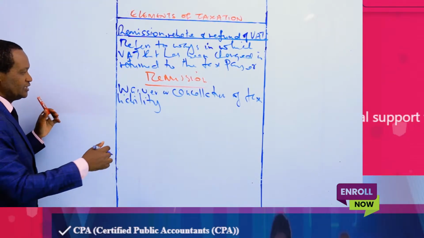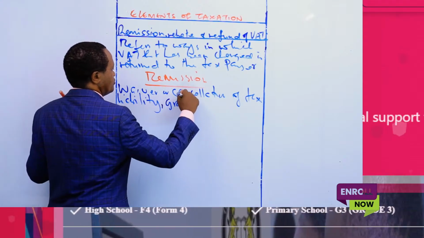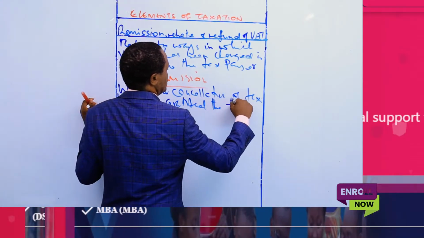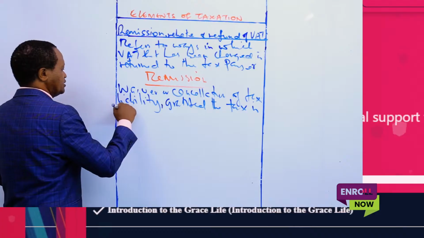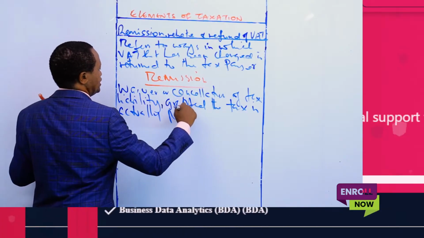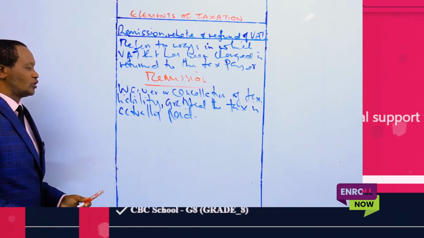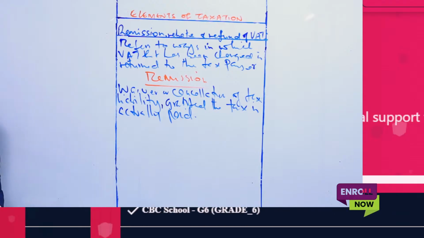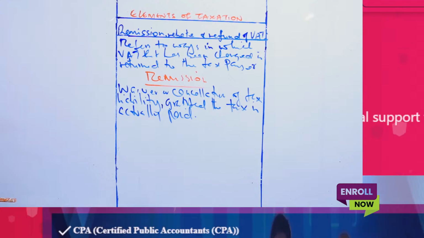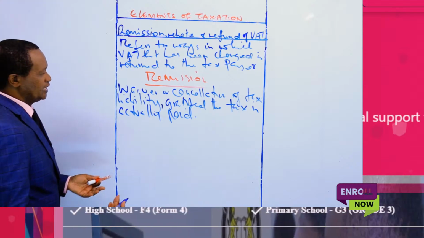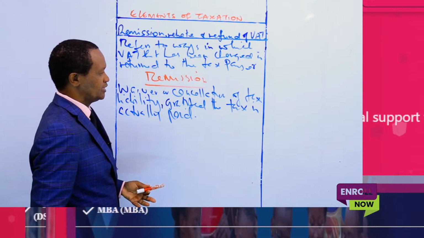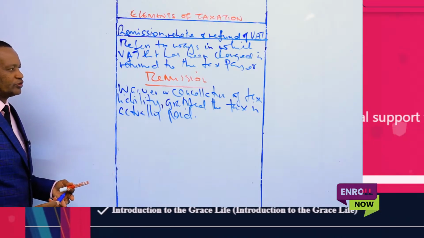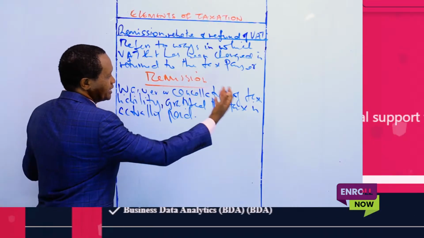It is granted before the VAT is actually paid. Or we can say it negates the need for payment. A remission negates the need for payment because the liability has been cancelled.